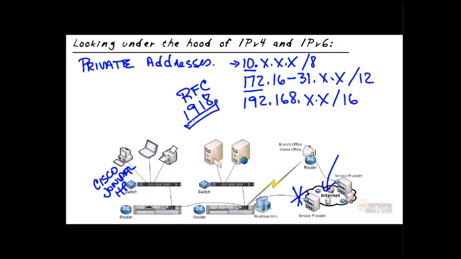So RFC document 1918 talks about the private address spaces, and these are what they are. Now in 2012, which is when I'm recording this, they actually added another one as well, but in no way did it have time to make it onto the Network Plus certification. So just be aware that these 3 categories are considered the private address space that you're going to be seeing and dealing with quite a bit in virtually any network of any size as you work with IP addresses.